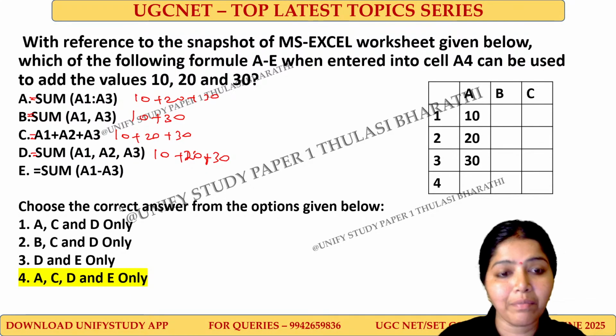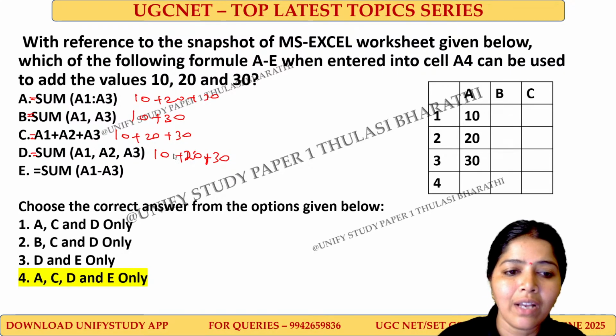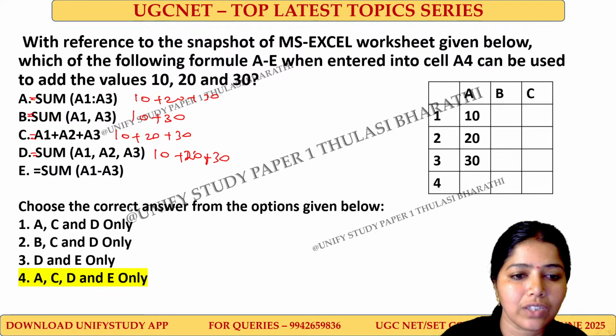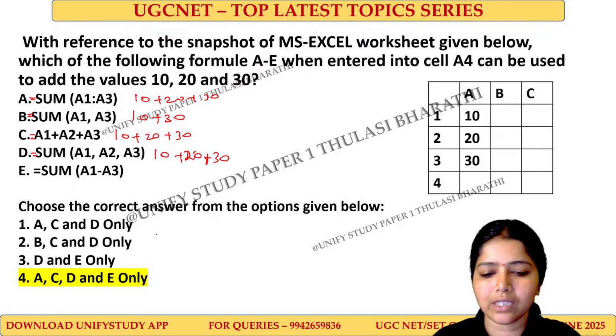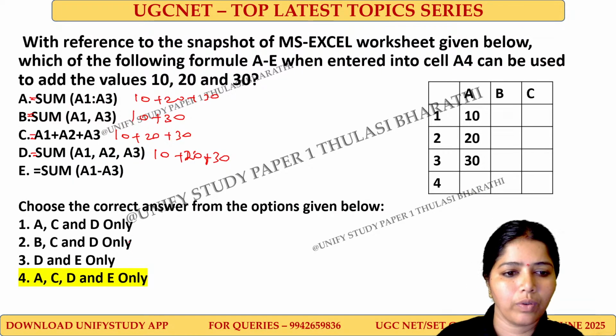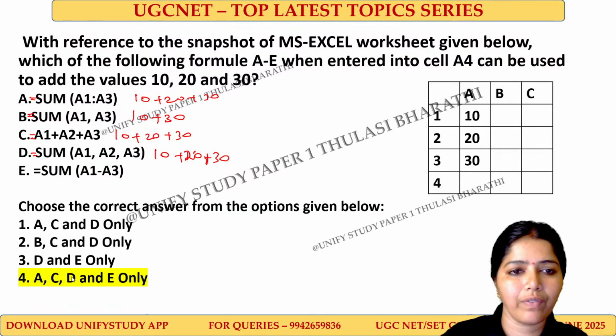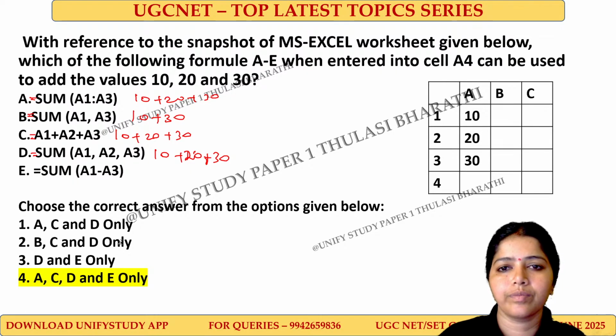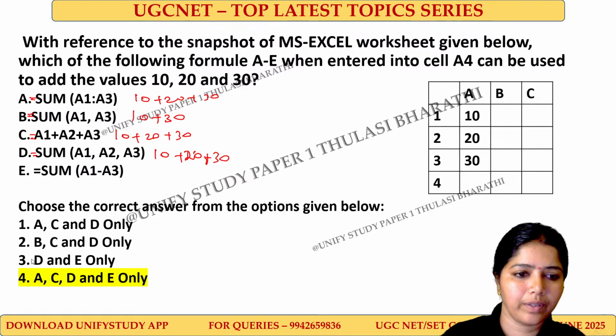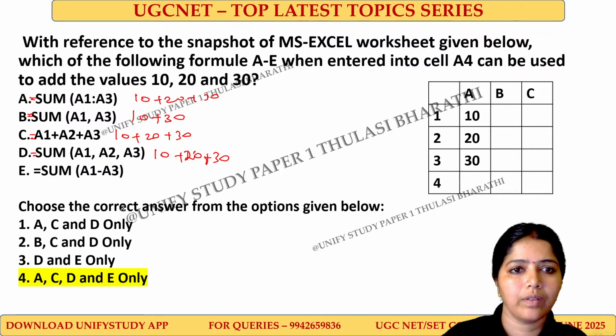And here A1 minus A3. The right answer for this question is option number 1. Okay? Option number 1 will come. Sorry, I have given wrong here. One minute, I will change. Okay. Sorry, learners.